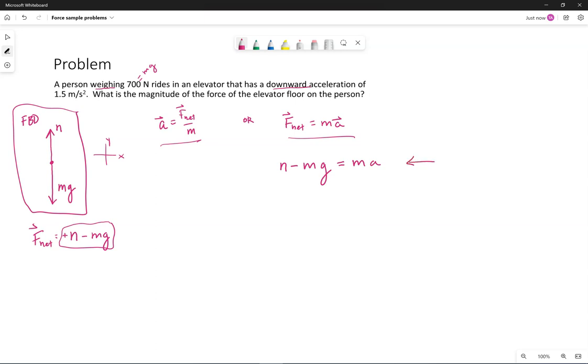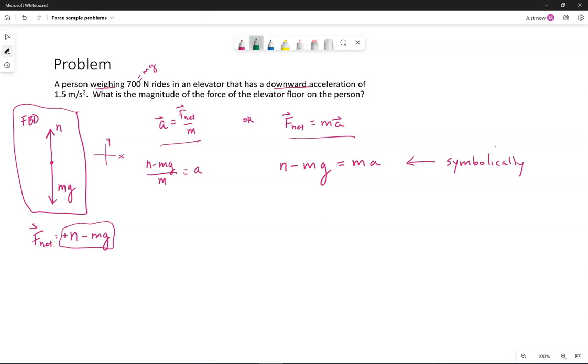This is what I mean by writing out symbolically Newton's second law. And had we plugged it into the left equation, that would be perfectly valid as well. The only difference on the left is we would end up with N minus mg put in for the net force, divide by mass, and that would equal acceleration. So these equations are the same, just rearranged algebraically a little bit differently.